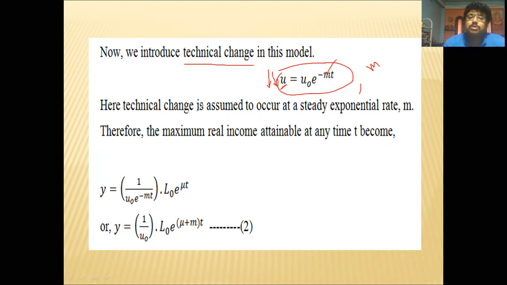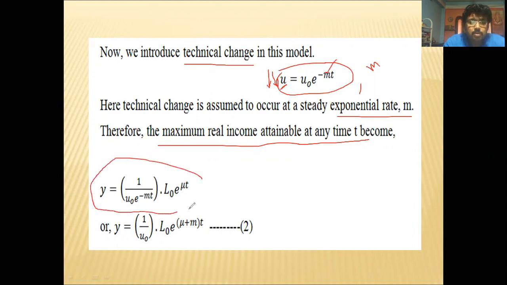Here the technological change is assumed to occur at a steady exponential rate m, and therefore the maximum real income attainable at any time t is this. Look at this equation.